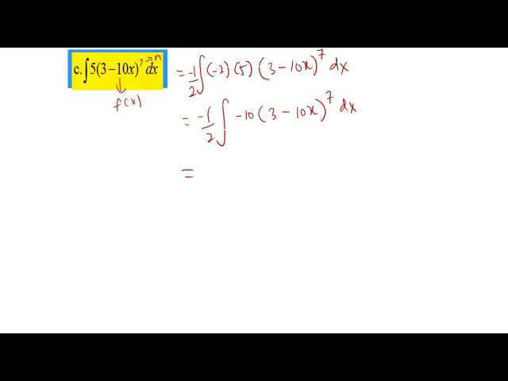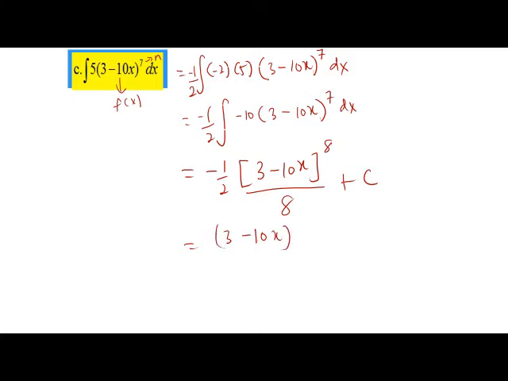And then we substitute into correct formula. So here we have negative half bracket 3 minus 10x bracket to power of 7 plus 1 should be 8 over 8 plus c. So our final answer should be 3 minus 10x bracket to power of 8 over negative 16 plus c.